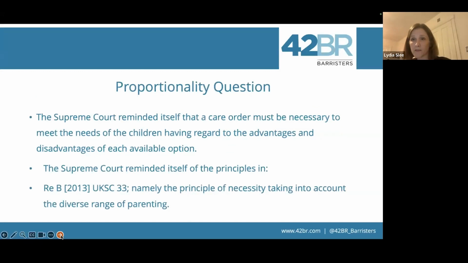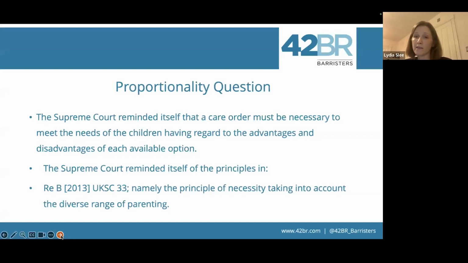Looking at the next slide, in order to answer the proportionality question, this is when we do jump back to 2013, where the court reminded itself of the test of necessity in relation to care orders and the advantages and the disadvantages that need to be weighed up when looking at each available option.